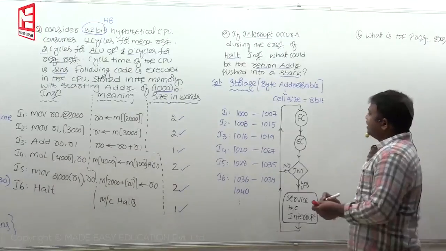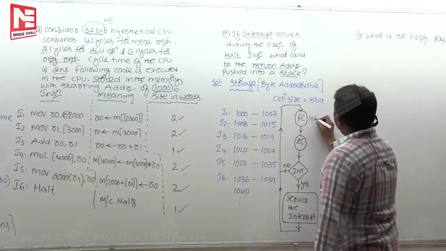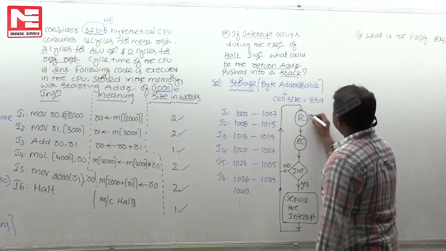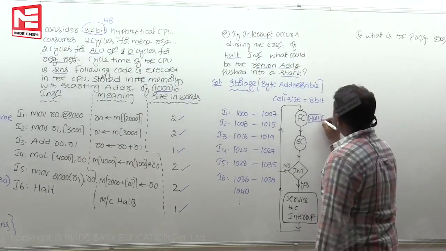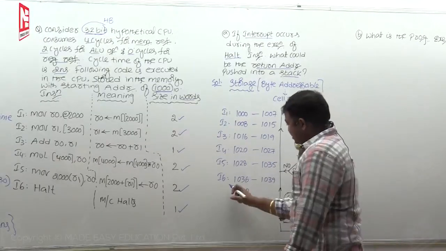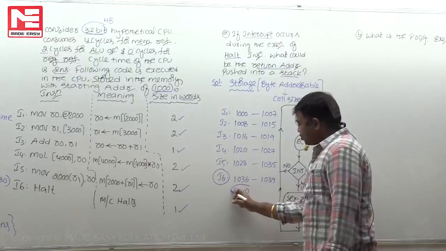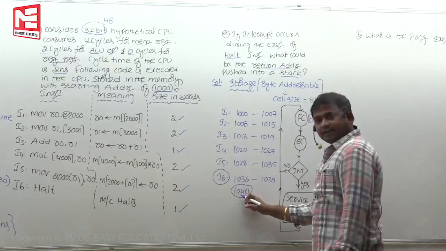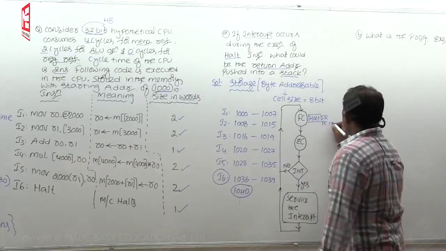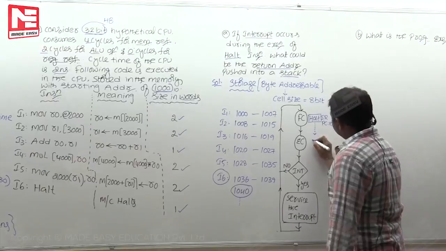Now apply it. Here, the halt instruction is fetched from memory. When the halt instruction is fetched from memory into the IR, the program counter is incremented to the sequential address. I6 is the halt. When I6 is fetched, the program counter holds the sequential address 1040. Clear? Now this halt undergoes execution.